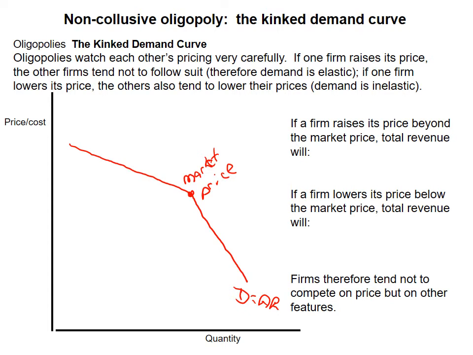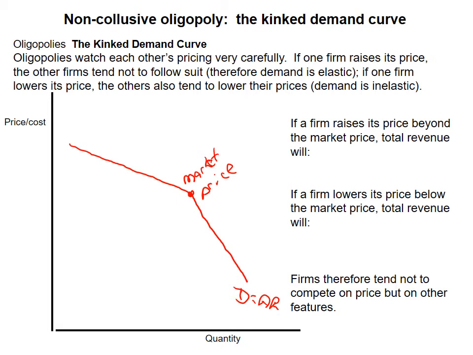If one firm raises its price, the other firms say, okay, you go ahead, you do that. We're not going to follow suit, and we're going to pick up your customers. So when we look at this kinked demand curve for one firm, their demand curve becomes quite elastic because they lose a lot of customers because none of the other oligopolists are also raising their price.